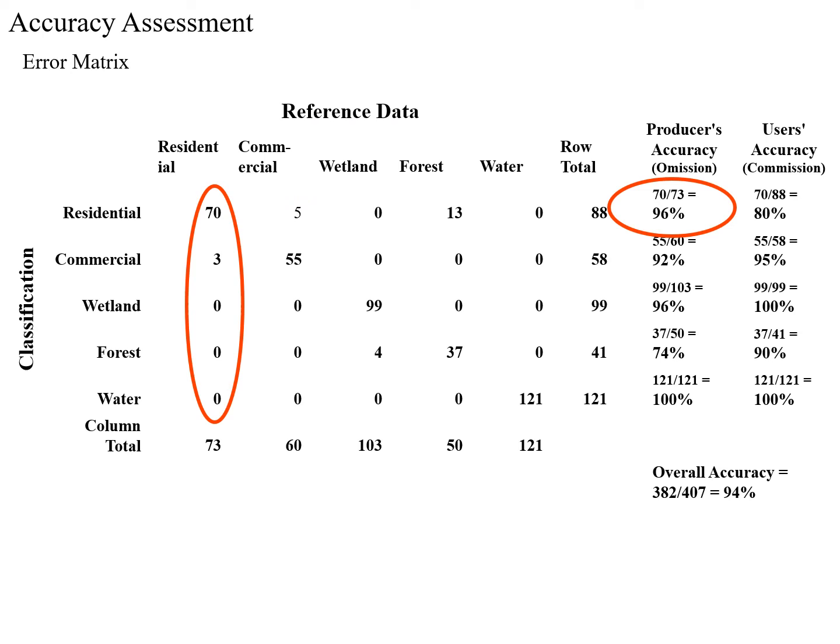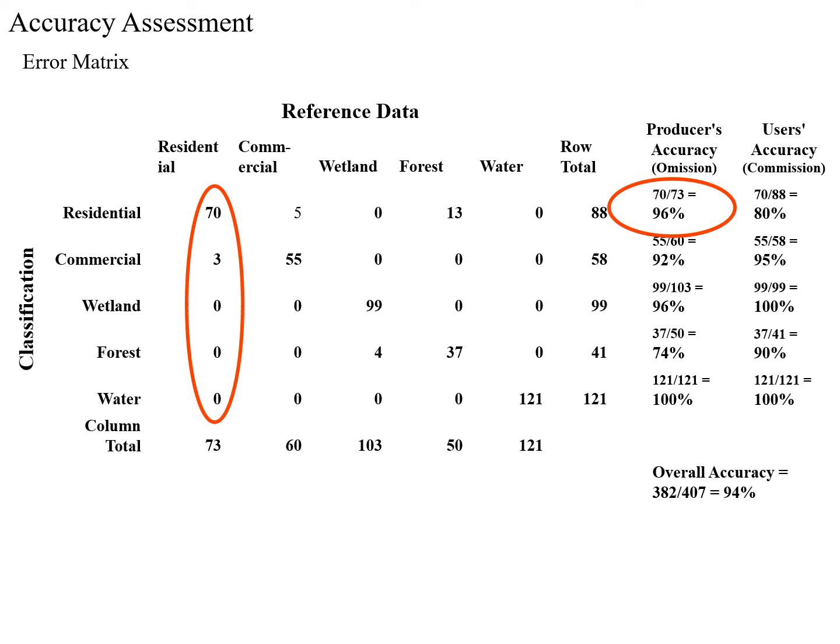Now let's calculate the producer's accuracy. Our reference data, which only the producer sees, for the residential class says we have 73 points that we observed in the field of the residential class. 70 of those points are classified as residential. 3 of those points are classified as commercial.